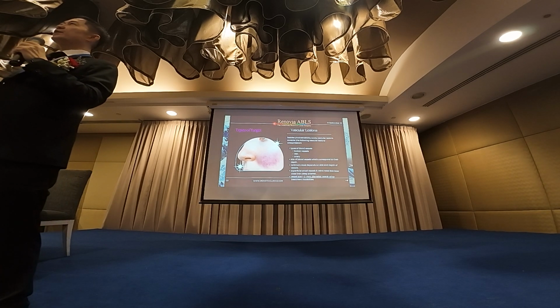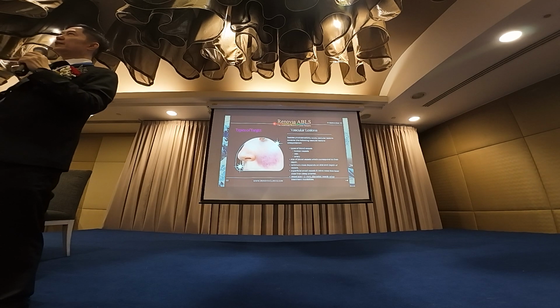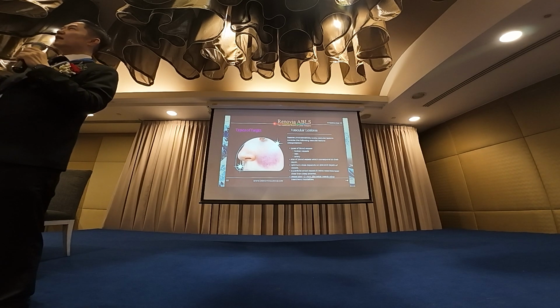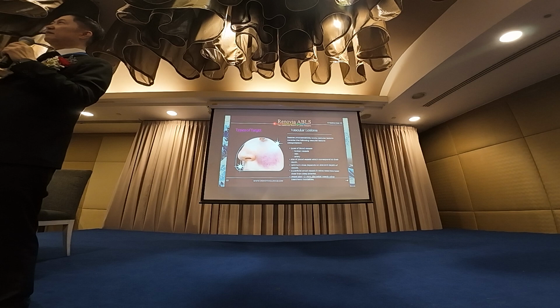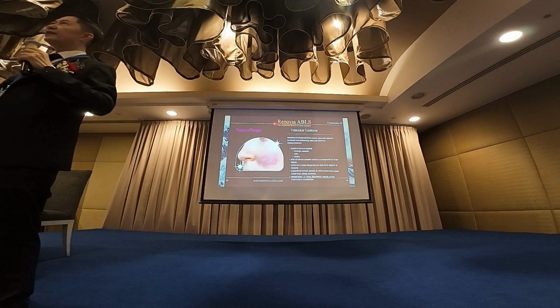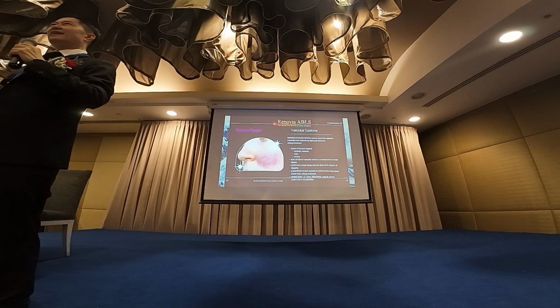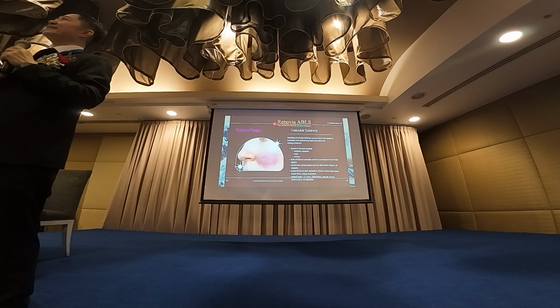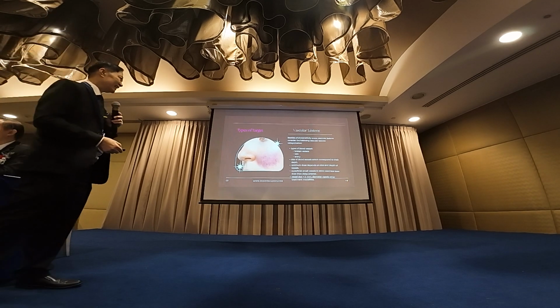In vascular lesion, what you need to know is the depth of the vessel. The deeper the vessel, the bigger the vessel, the more energy you need, the more complication you will find. So, believe me. Okay, next.